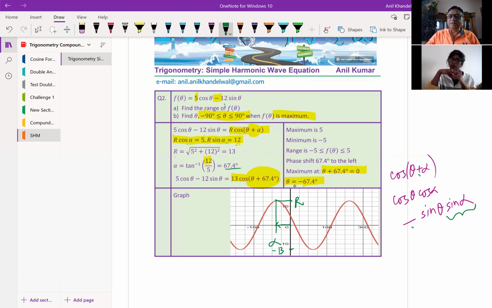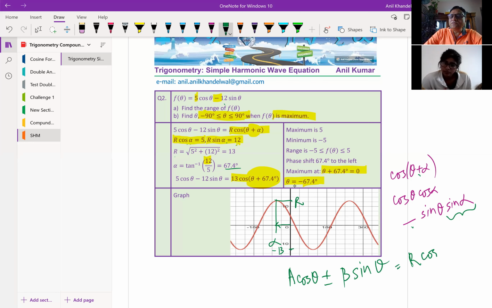If you are given any form like a cos theta plus or minus b sin theta, there is only a horizontal shift, no vertical shift. So this equals r times cos(theta minus alpha) in general. But if it's plus, it will be a minus alpha, and if it's minus, then plus alpha.